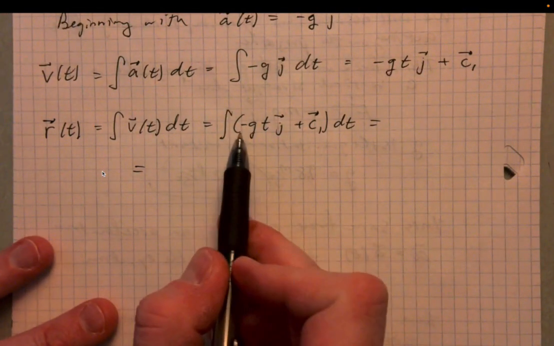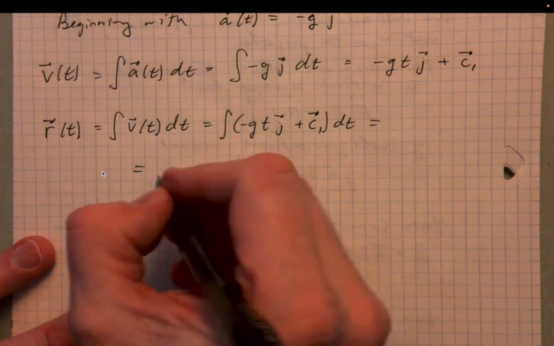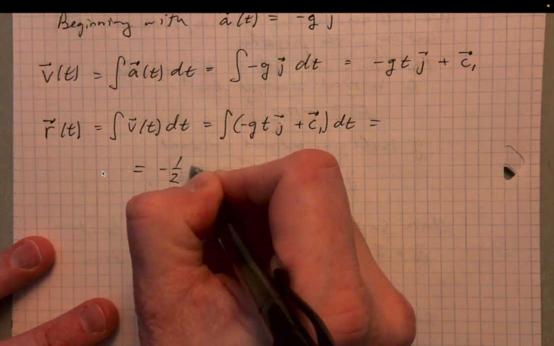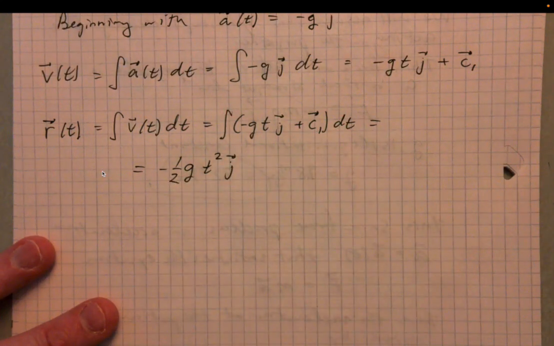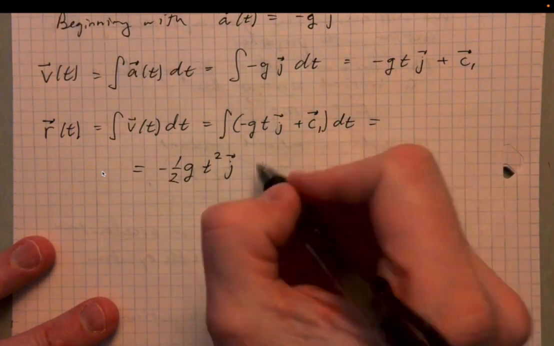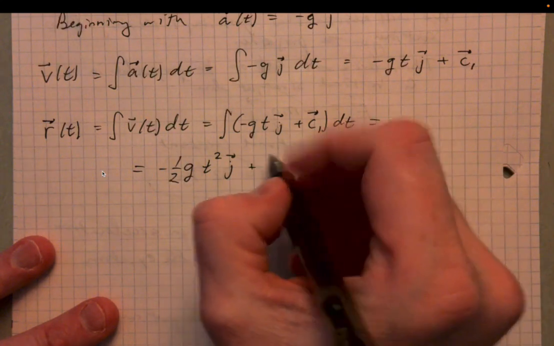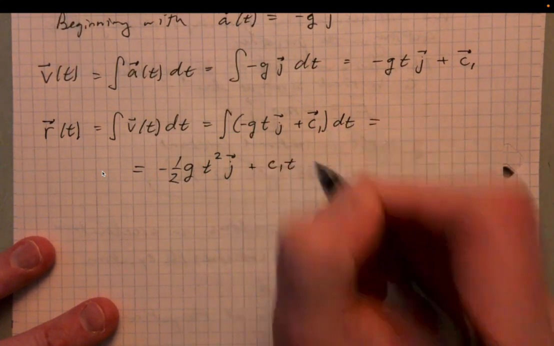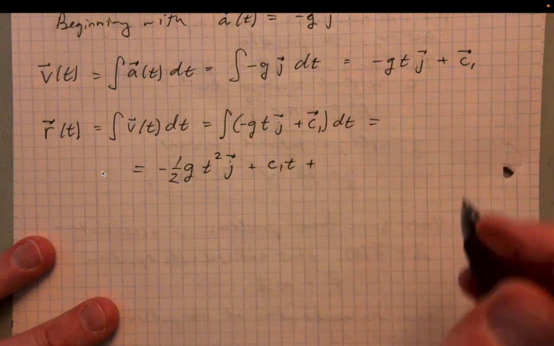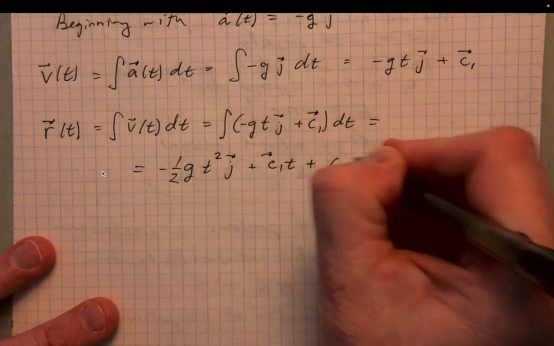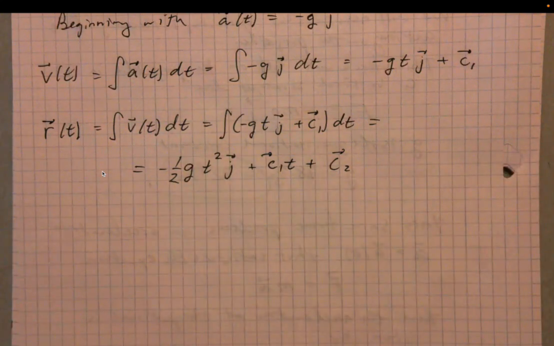Well, this first part becomes negative 1/2 g t squared times j. And then this is a constant vector, so it'll just be plus c1 times t, and then plus c2. There's going to be some additional constant introduced here.